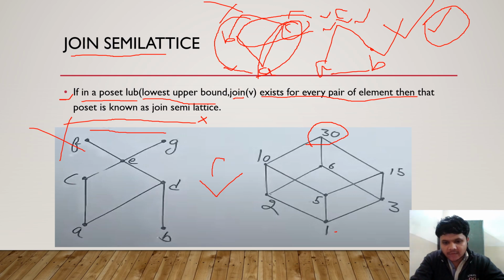First of all, see pair 1 and 3. 3 will be the least upper bound. Pair 1 and 2, 2 will be the least upper bound. So we can see that every pair has one least upper bound. So this figure is a join semilattice. I hope it is clear.